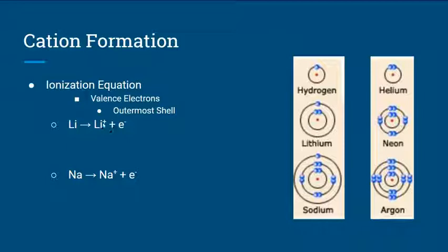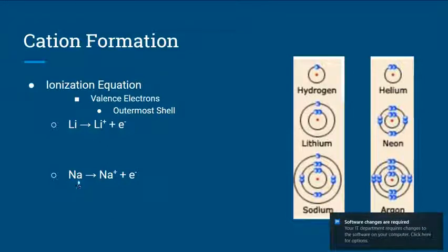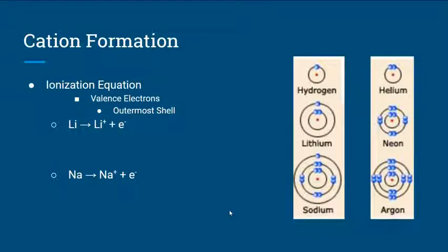Here it gets rid of an electron, and we just illustrate that electron as being added kind of outside the structure of this ion. I know it seems kind of backwards, but if you think about the reverse of that, if a lithium ion were to gain an electron, a +1 charge and a -1 charge would balance out the total charges, and it would go back to a neutral lithium atom. All right, so we see the same thing with sodium here. Sodium wants to get rid of its 1 electron, so now it has a +1 charge.